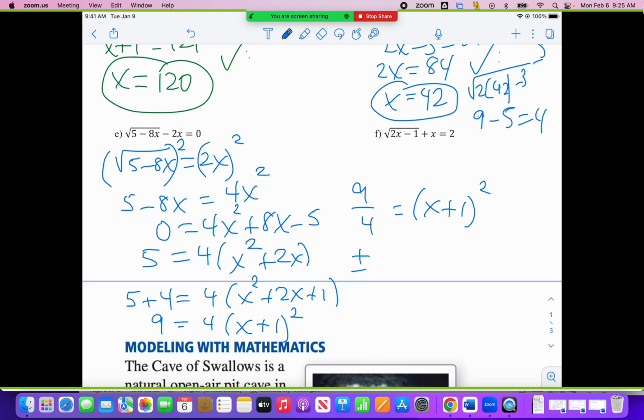So then I'm going to get plus or minus the square root. So I get -1 plus or minus 3/2. You never, ever leave an answer like this.